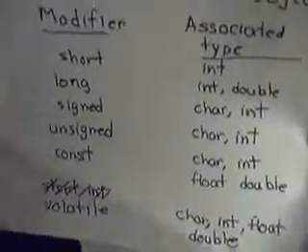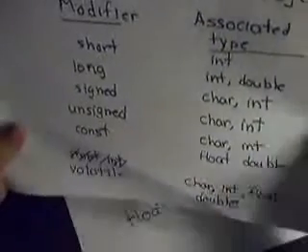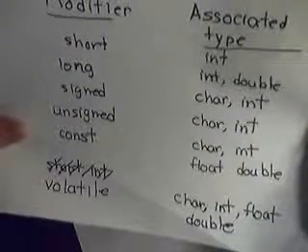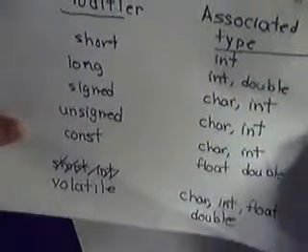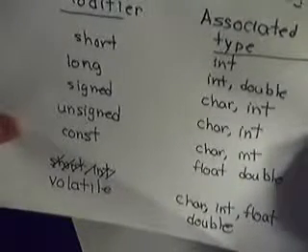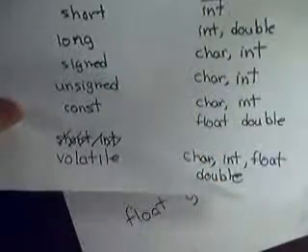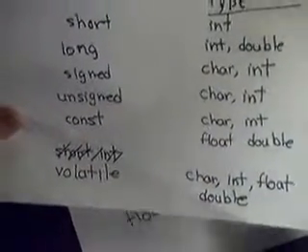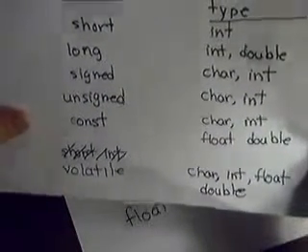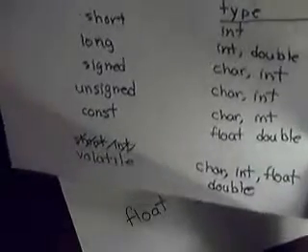For float, we can see that we can, let me see. We really only could use basically the volatile and the const modifiers, but we're not going to discuss those right now.